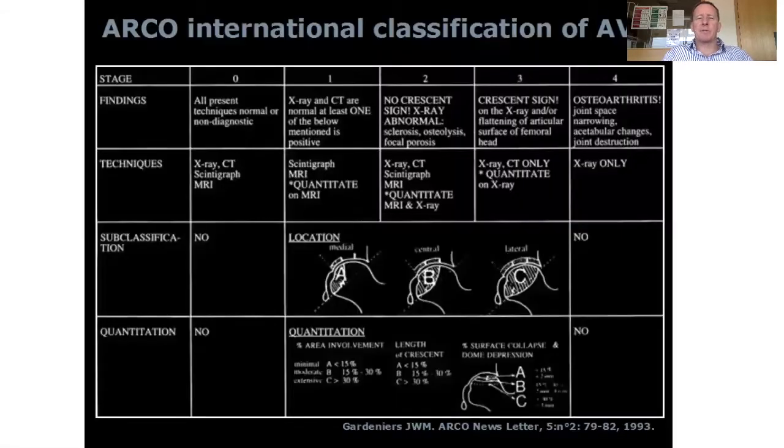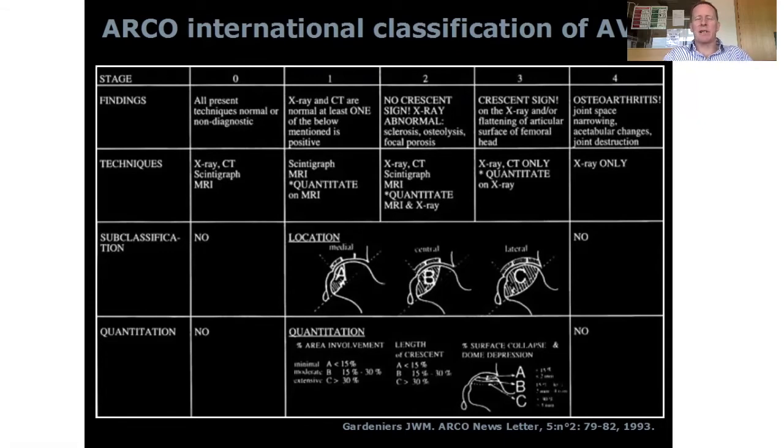And I think perhaps this one is, if you want to remember 2, I would remember FECAT and ARCO. And again, I'm not entirely sure you need to know the details, but at least the ARCO International Classification of Avascular Necrosis tries to combine the size of the lesion, location of the lesion, and the degree of arthritis. So this is, if you like, the Rolls-Royce classification system, but extremely difficult to remember when you're trying to remember hundreds and hundreds of different classification systems.